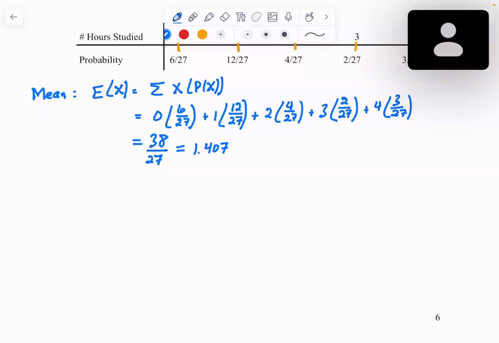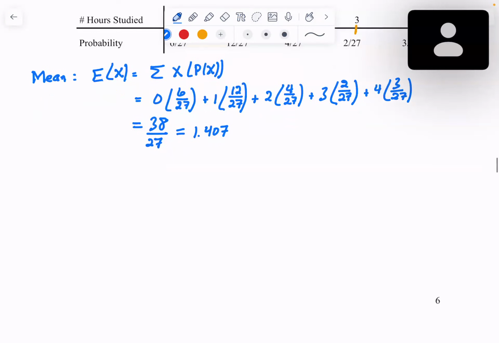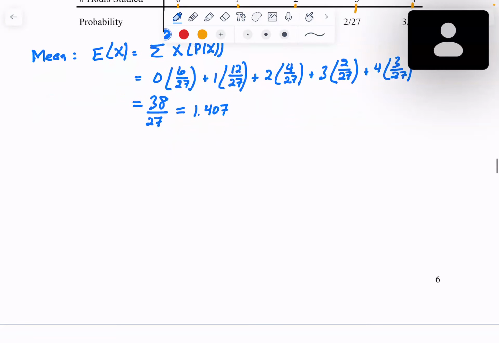The next step, we want to find the variance. The variance of x is found by the expected value of x squared minus the expected value of x, this quantity squared.